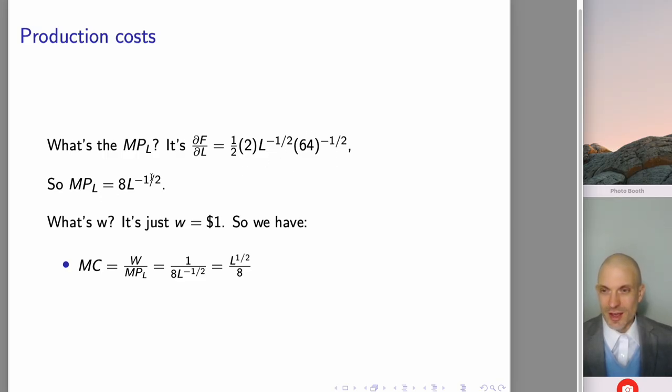All right, so marginal product of labor is going to be 8 times L to the minus 1/2. Actually, this should just be 64 to the 1/2. Sorry about that. That's a little bit confusing, so let me write out more carefully the marginal product of labor, MPL. Sorry, I know if I type this might be loud on the microphone.